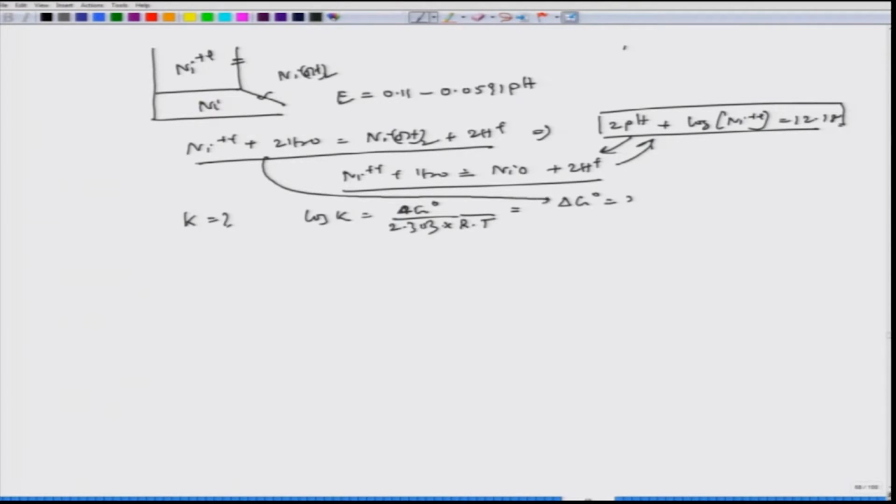So, delta G0 you find out from mu0 Ni(OH)2 plus 2 mu0 H plus minus mu0 Ni plus plus minus 2 mu0 H2O, you would get the same equation. So, that means whether you write NiO or NiOH, these lines would be the same, provided you are fixing the Ni plus plus ion concentration, you have to fix that.